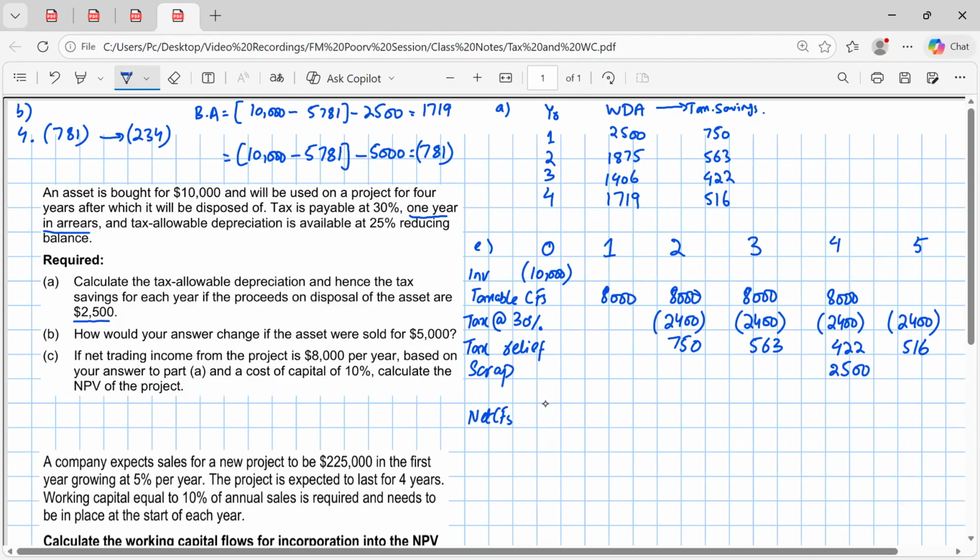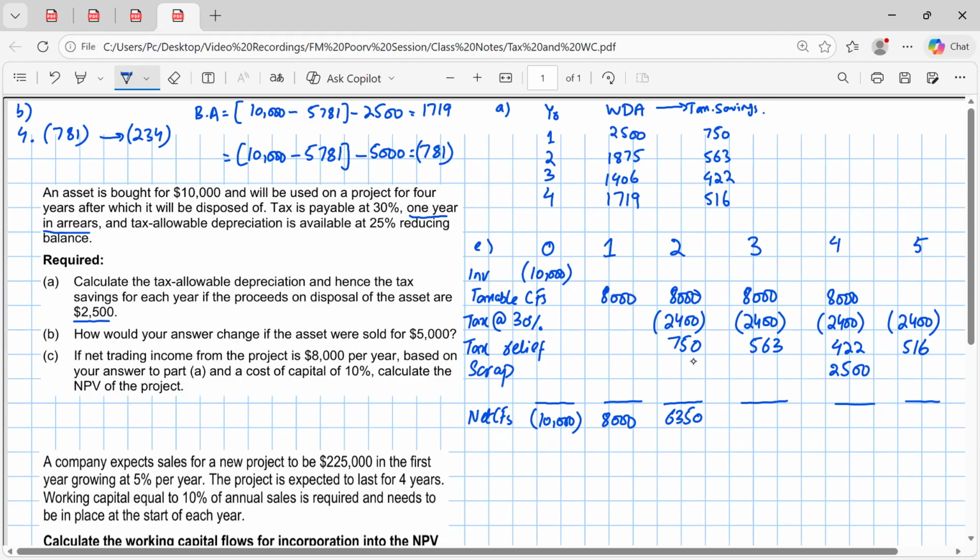So for year zero, because there's only one thing, the investment, it is 10,000. Then for year one, 8,000. Tell me what will be for year two. 6,350. How did you calculate 6,163?